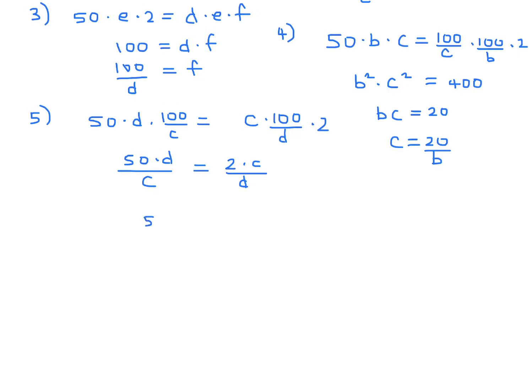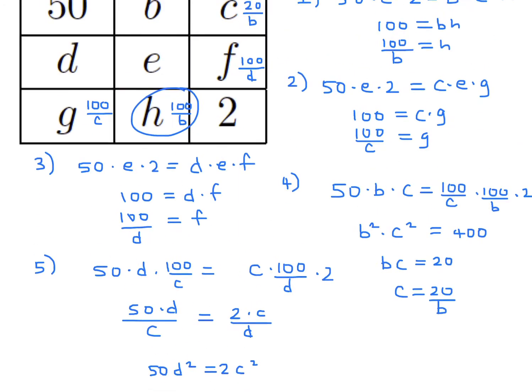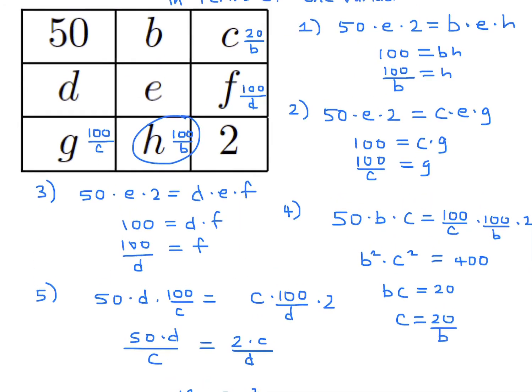Yeah, 50d squared is 2c squared. And then therefore, if I isolate for c, I get c squared is equal to 25d squared, and therefore c is equal to 5d, like that. Okay, so c is equal to 5d right here, but this c is also equal to 20 over b.